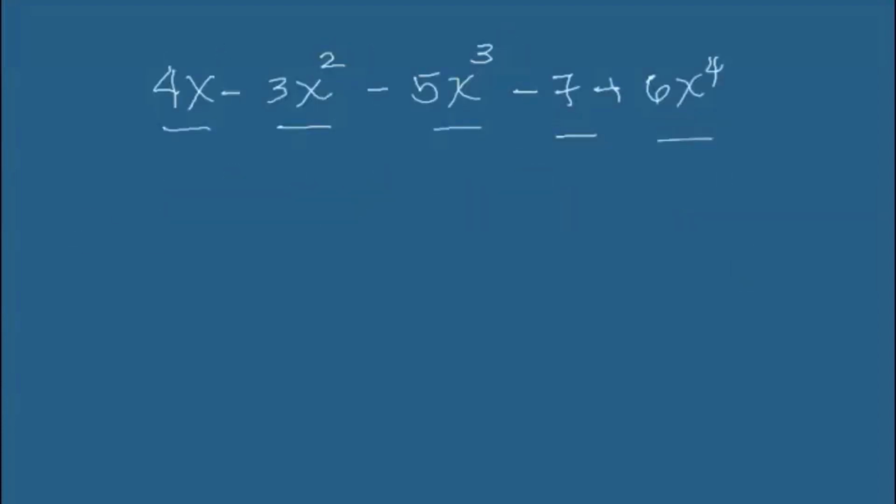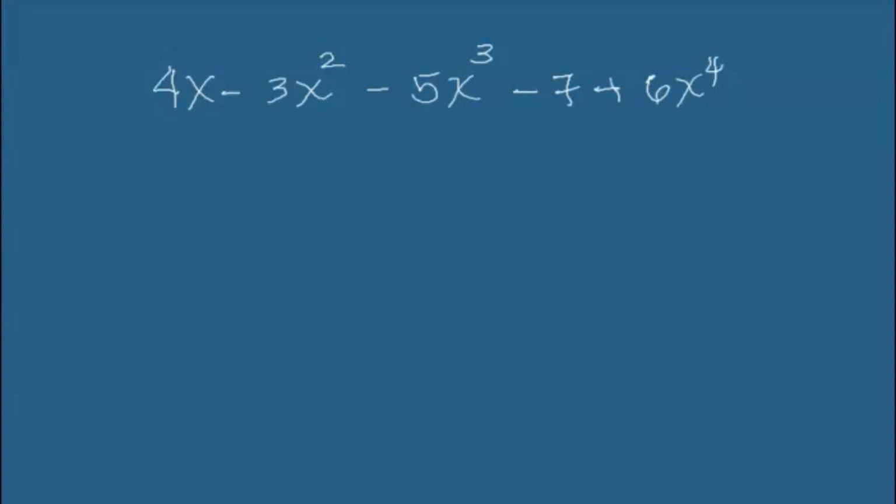When we write polynomials, we should also write them according to the degree. Let's have this example: 4x minus 3x squared minus 5x cubed minus 7 plus 6x to the fourth power.